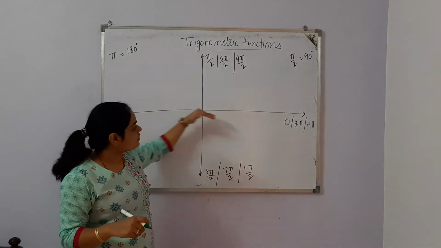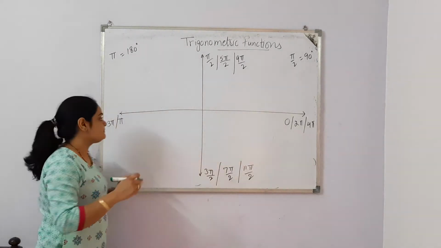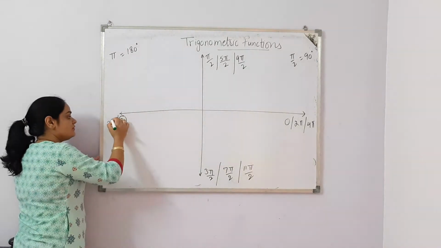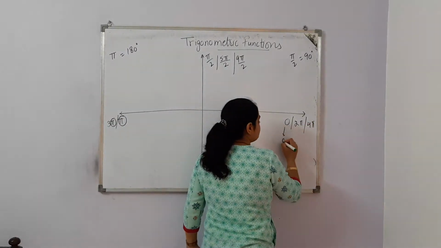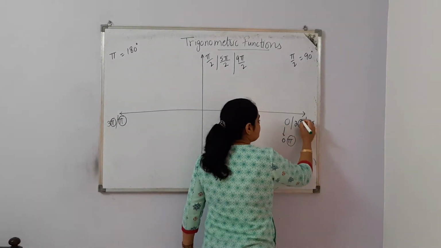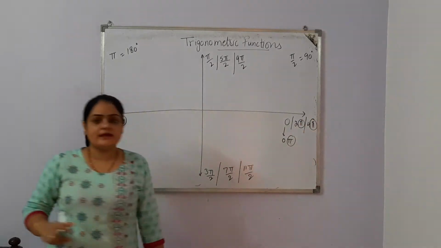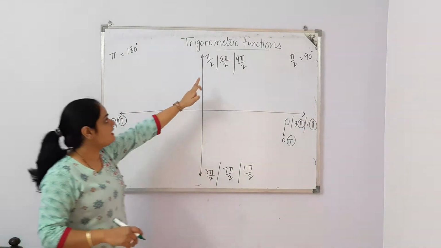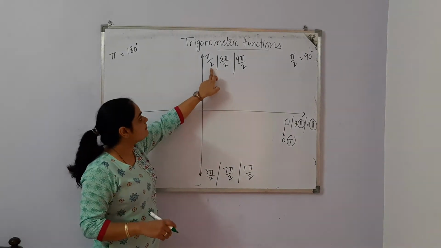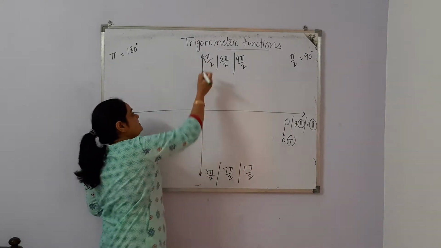So here on the horizontal line all angles come along with pi. 0 can I write as 0 pi? So all angles are coming along with pi. And on the vertical line all angles are coming with pi by 2. Pi by 2, that means here it is nothing, it is 1.